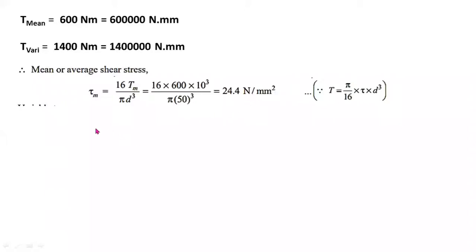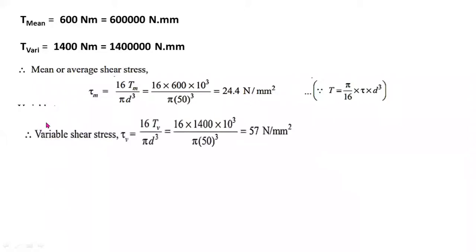In a similar way, variable shear stress tau v equals 16 TV by pi d cube. Substituting the variable torque TV equal to 14 lakhs, the variable shear stress tau v equals 57 Newton per mm square. By using these two values, you can get the factor of safety by using Soderberg or Goodman's formula.